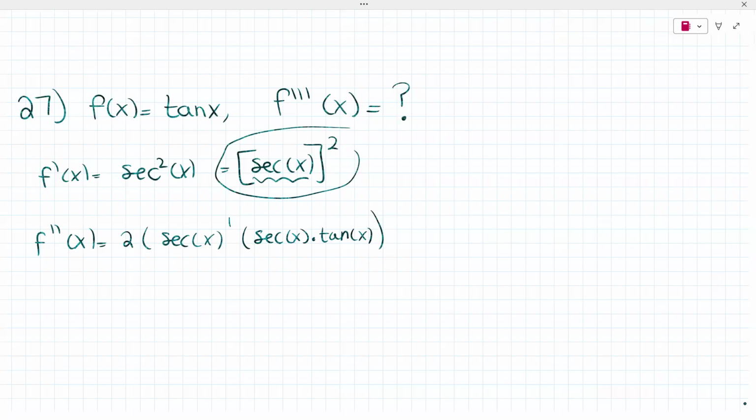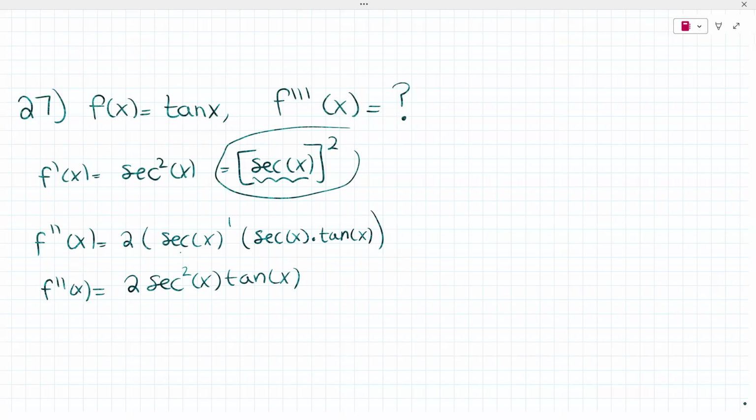What can we do here? So I guess you can clean this up a bit. Secant of x times secant of x is secant square of x. And then you have this tan of x. Now, what else could I do? This is not my answer.